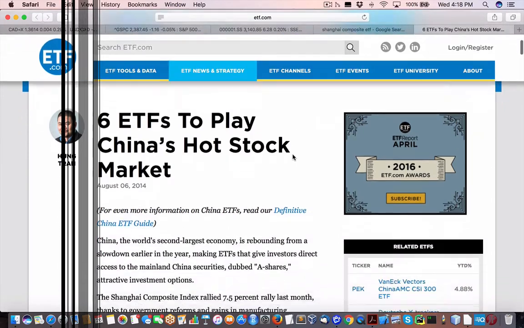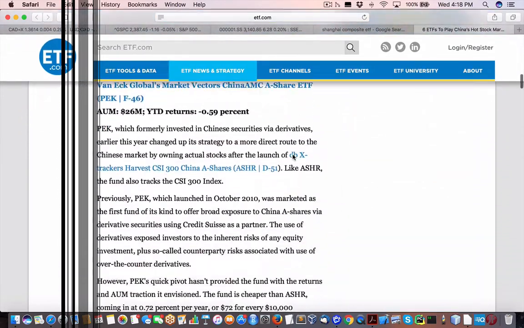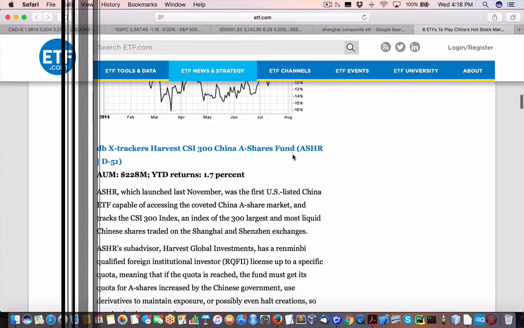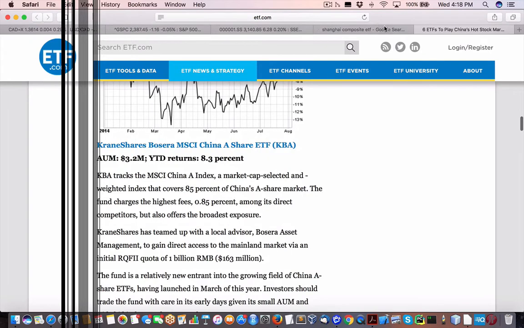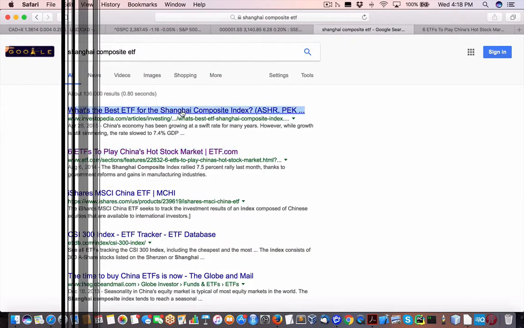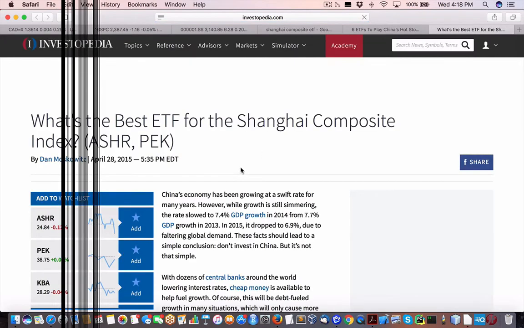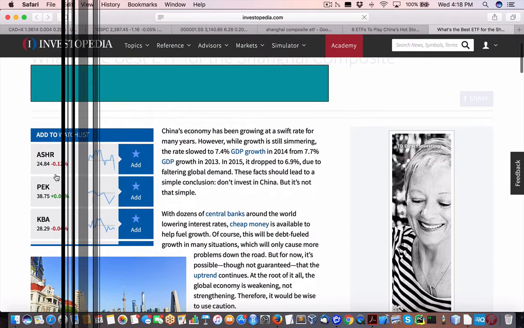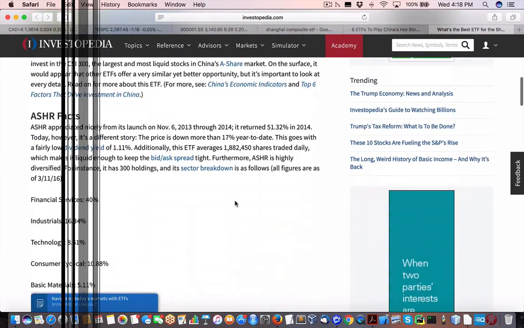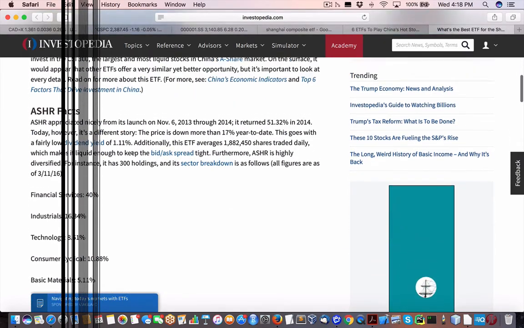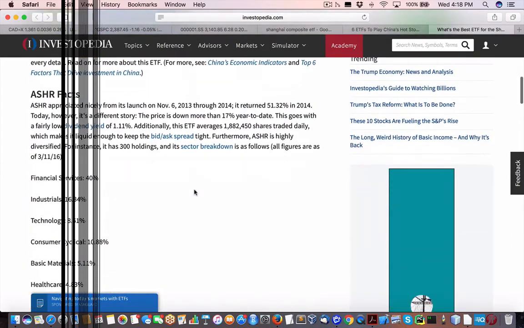So what are some of the better ETFs to play here? DBX, X-trackers. Let's see here. Maybe Investopedia's got a better way. So we've got some ETFs here. ASHR, which is nicely 51%.